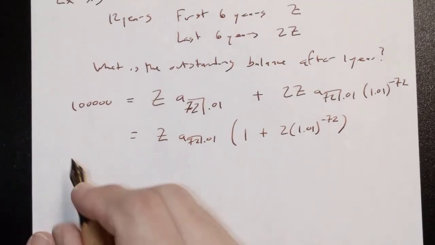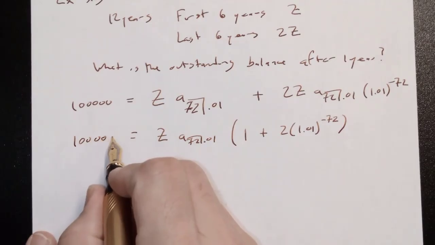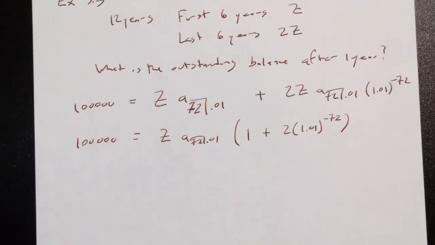Well, fortunately for me, all of these numbers are calculable. So let me grab my calculator. Let's figure out A72 at 0.01 and the other parenthetical term. We'll write down a bunch of decimals.